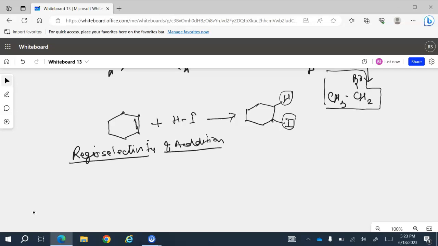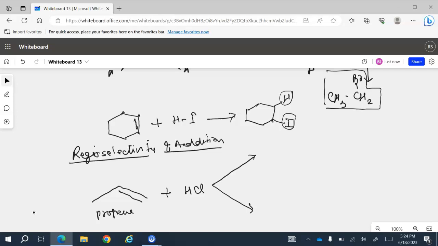Now for this, let us take the example of one simple unsymmetrical alkene. Say it is propene, 1, 2, 3 carbon, and we want to add HCl to this alkene. Now in this case you have two possibilities.